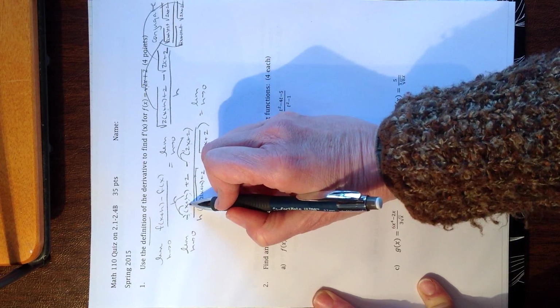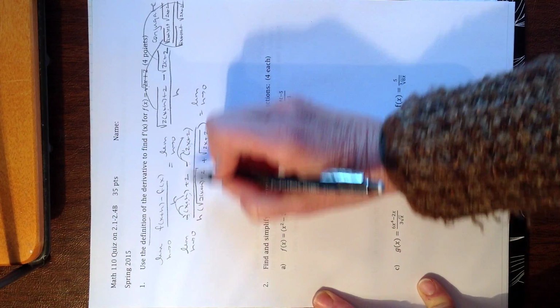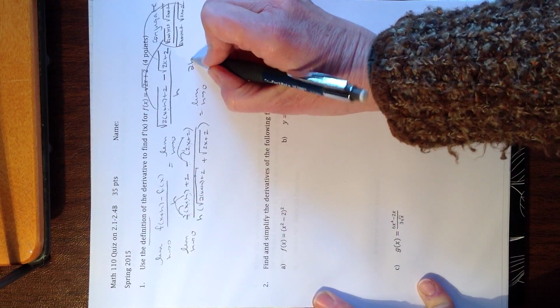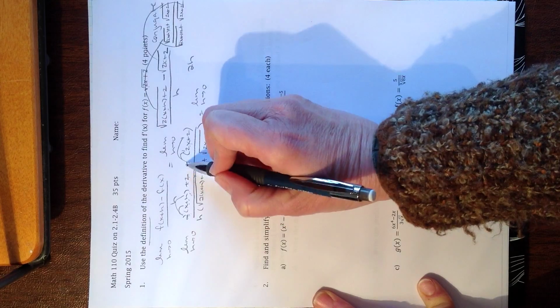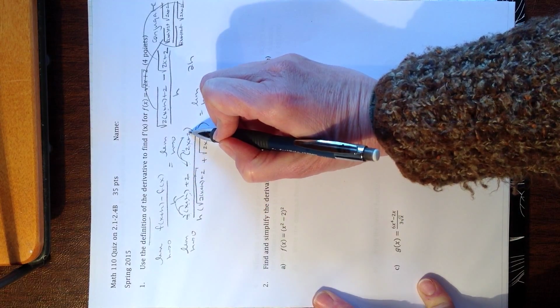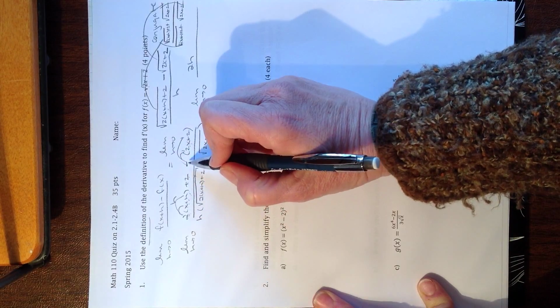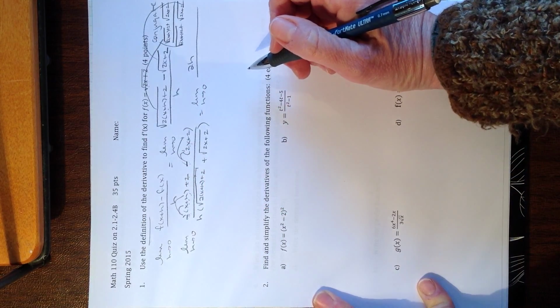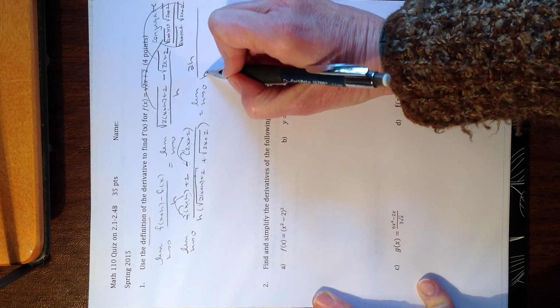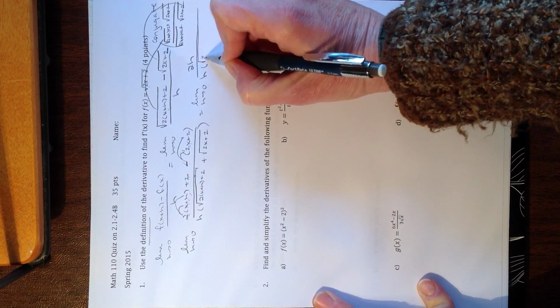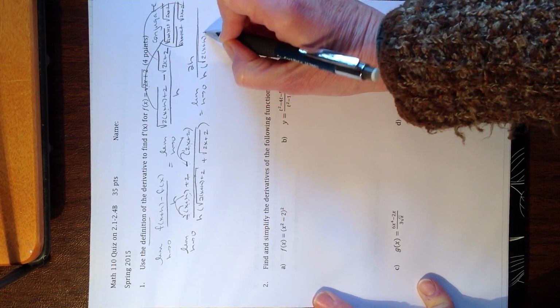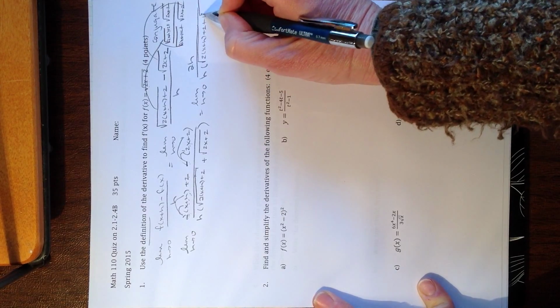So this is 2x, but this is minus 2x. This is 2h, and then I have a plus 2, and I'll have a minus 2. So the only thing left in the numerator when I distribute and I subtract is 2h. And that's good news, because then that will divide out the h that I have on the bottom.